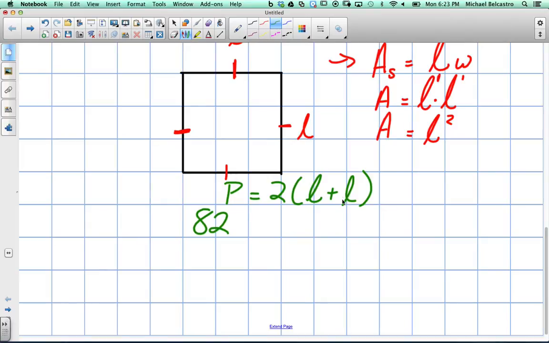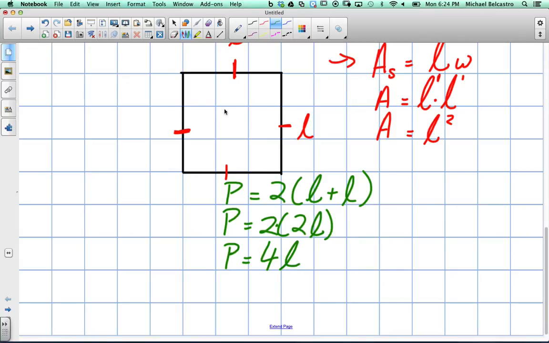Are you okay with that formula? How can I simplify L plus L? L squared? Well, we're adding them instead of multiplying. If we multiplied, it's squared. If we add them, 2L. Perfect. So we get P equals 2 times 2L. Do you know what that becomes when multiplied? Yeah, 4L. Boom, there we go.